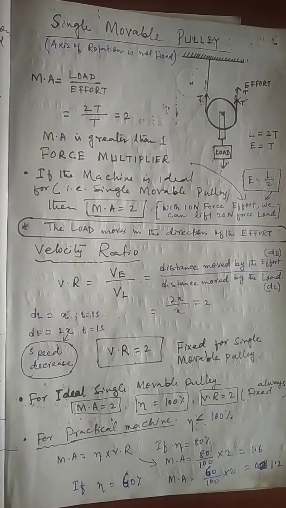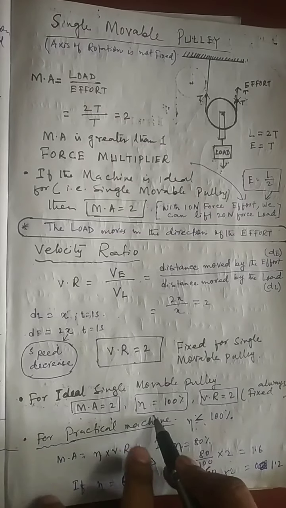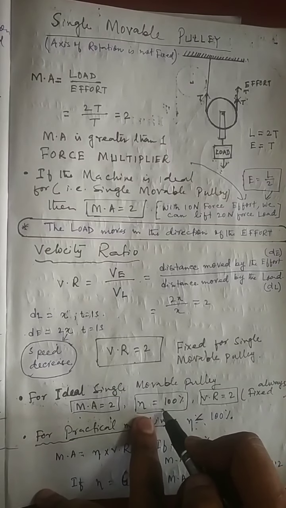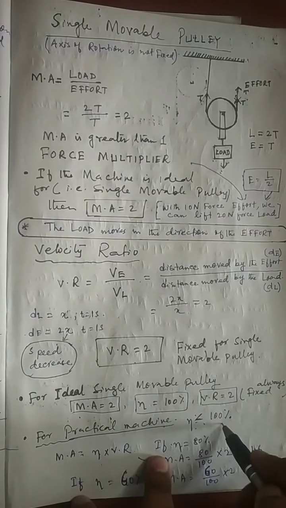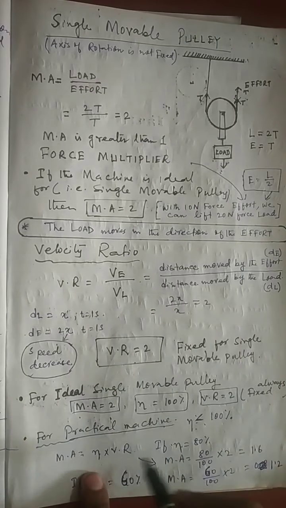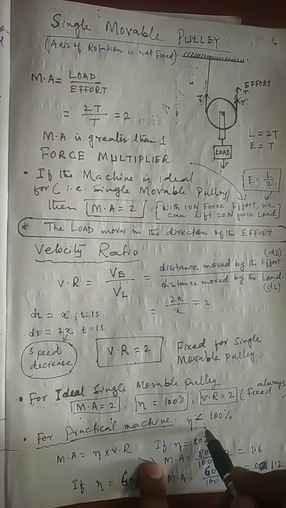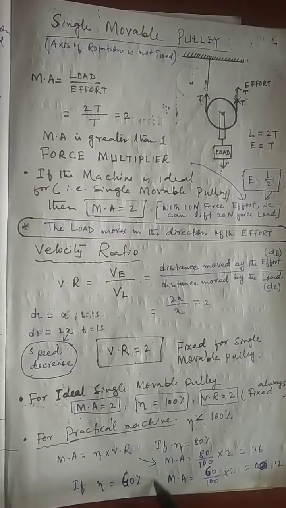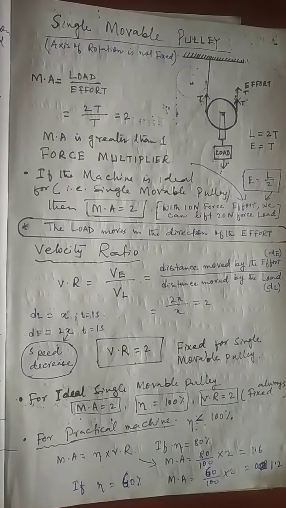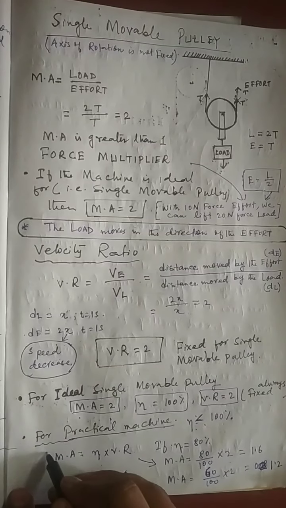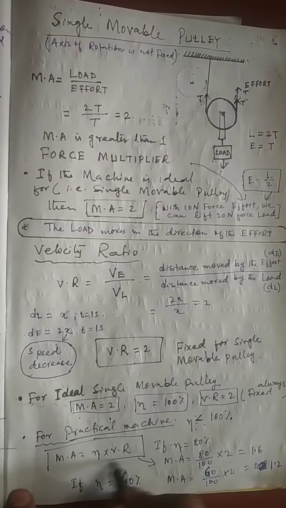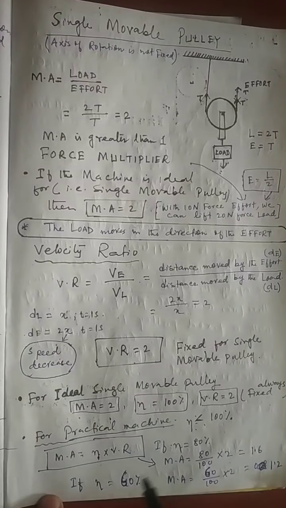Now, what is the other condition in a practical machine? If the efficiency of a machine is less than 100%, consider the efficiency is 80% or 60%, then what will be the mechanical advantage? We know the formula for mechanical advantage: MA equal to eta into VR.